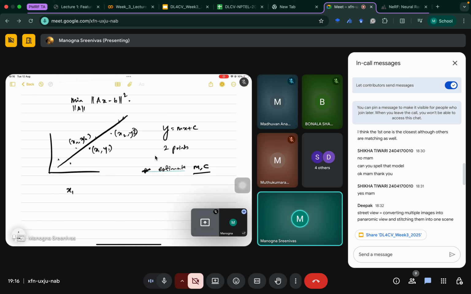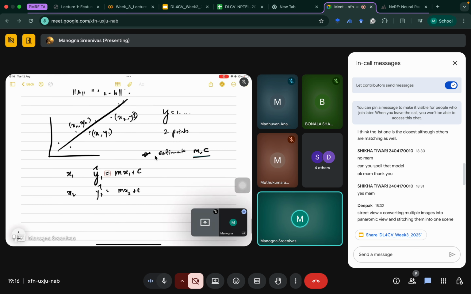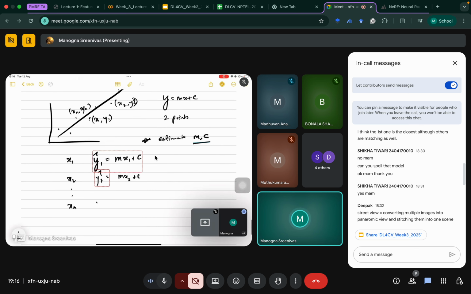So if I have x1, I know x1, I know all of this. I will estimate y1 cap, what y could be, if I use this model. What would the y be for this particular point? So y1 cap would be mx1 plus c. Similarly, y2 cap would be mx2 plus c, and so on, right? So I have n data points, I have n estimates.